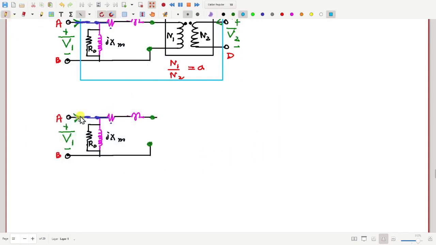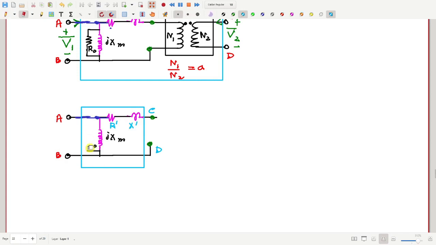This circuit is inside a box, with R prime, X prime, and terminals C, D. You cannot open this box, but by doing some experiment from outside, can you find out the value of these impedances?